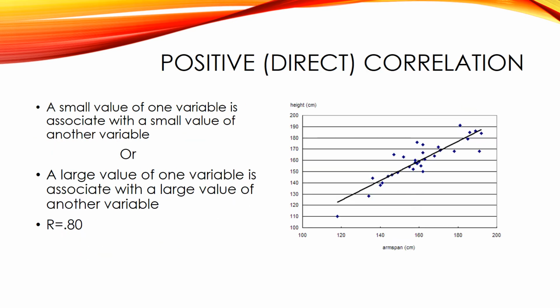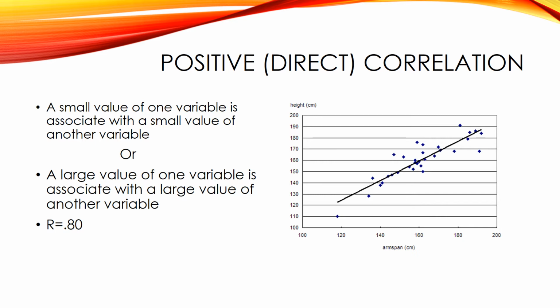So you can have a positive correlation, which means that basically a small value can predict a small value of another variable, or a large value predicts or is associated with a large value of another.